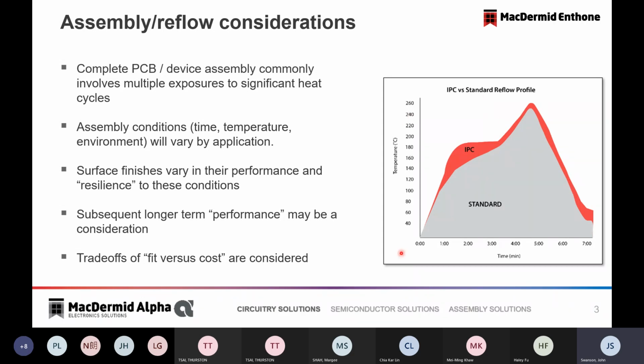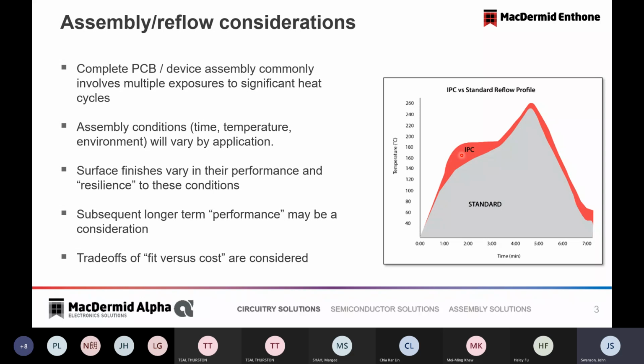So here on the right side of this slide, and I'm highlighting with my pointer, we've simply shown two basic profiles of assembly reflow cycles. One we call a standard cycle. Another, we generally refer to it as an IPC cycle, but there's many names, there's many different cycles.